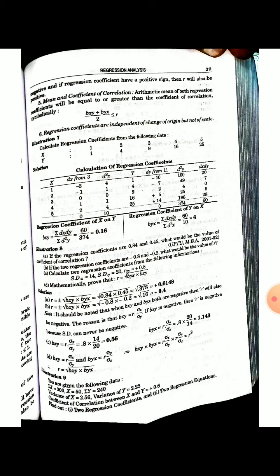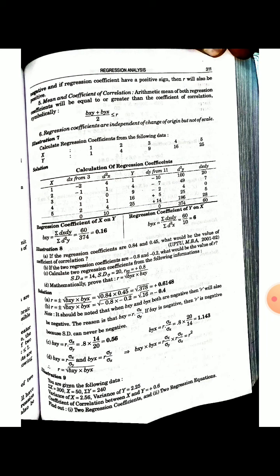Now let us study this regression coefficient of x on y and regression coefficient of y on x with the help of an example. Calculate regression coefficients from the following data. X is given as 1, 2, 3, 4, 5; y is 1, 4, 9, 16, 25. Calculation of regression coefficients. We will make the column x: 1, 2, 3, 4, 5.